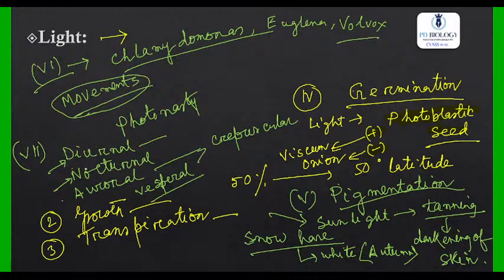Vesperal, active at the time of dusk, that is at the time of sunset. And some are active during dawn and dusk, that is crepuscular. So 4 types, these are all related with light, that is daily rhythm in animals.